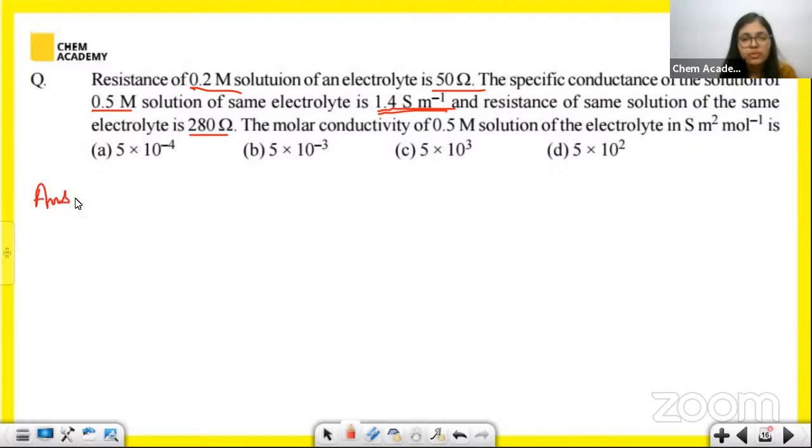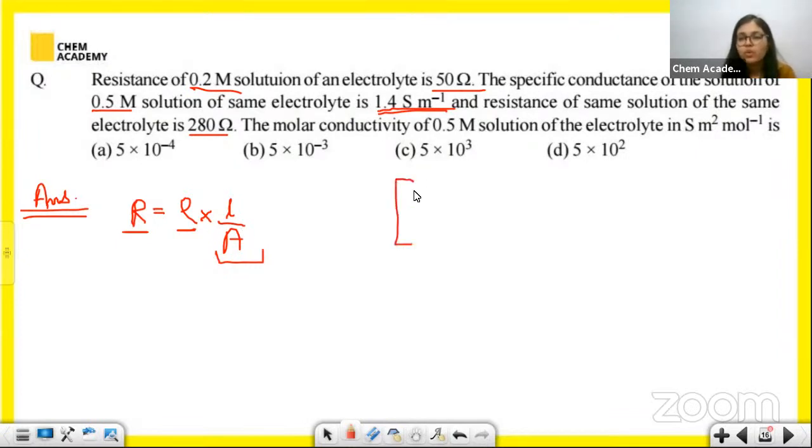So we know that R is equal to rho into L upon A. R is the resistance, rho is the specific resistance, L is the separation between the electrodes, and A represents the area of the electrodes.